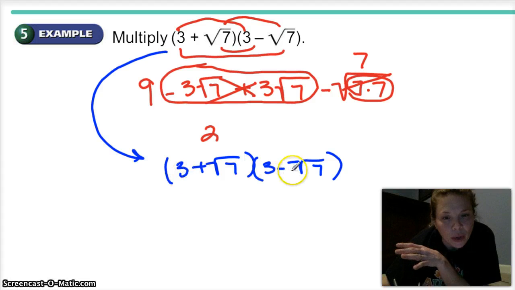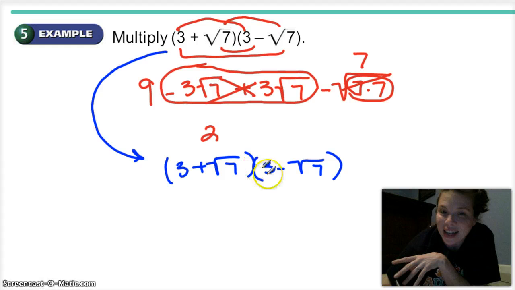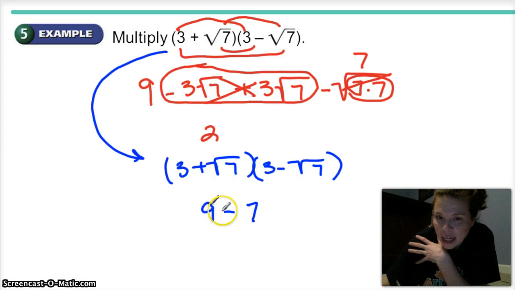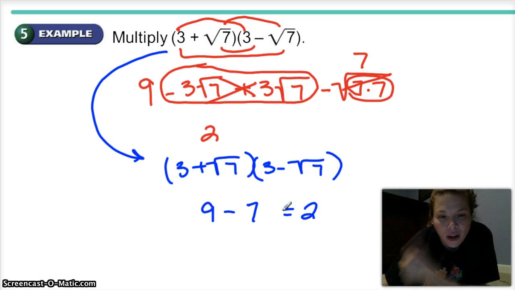So we know that if it's the same term but a difference of signs, it's a difference of squares. It's the first term squared, 9, and your second term squared, which in this case will be just a 7, and it's always the difference, 9 minus 7, which is 2. Awesome.